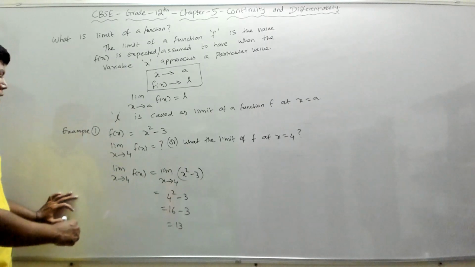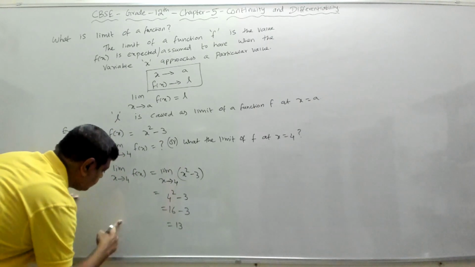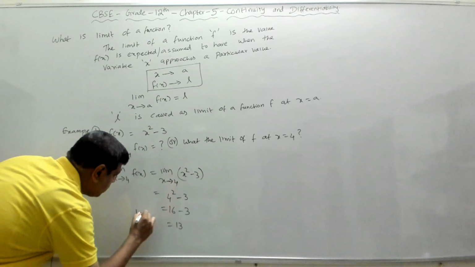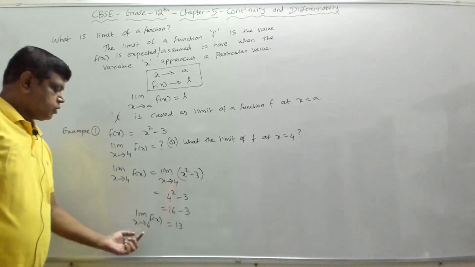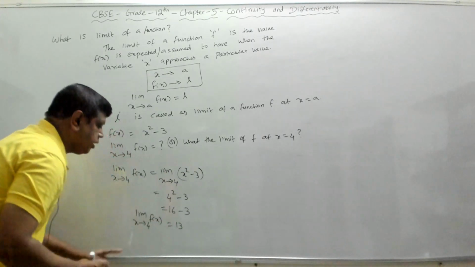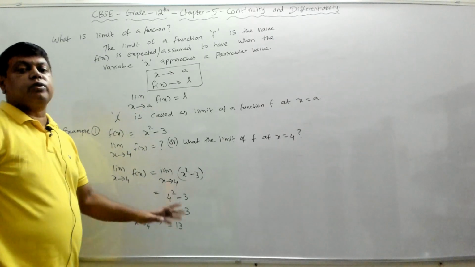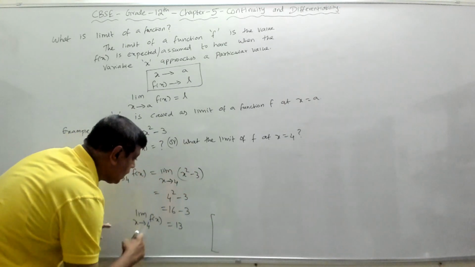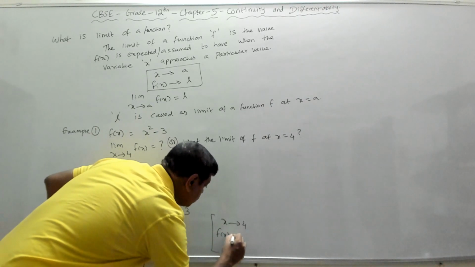So the limit x goes to 4, f of x is equal to 13, which means when x approaches 4, f of x approaches 13.